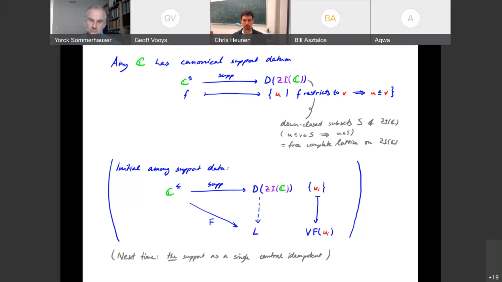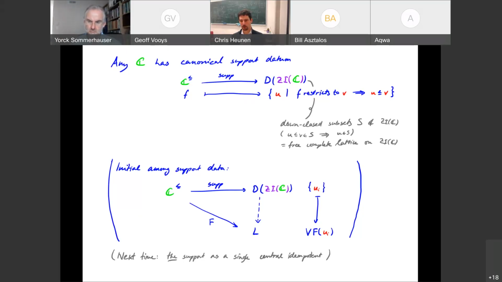Now there is a canonical support that I'll write as support that takes values in the downsets of the central idempotents. And that's sort of the free way to make the semilattice of central idempotents into a complete lattice. What it does is it takes a morphism and assigns to it all central idempotents such that if f restricts to some central idempotent, it has to be above that one.